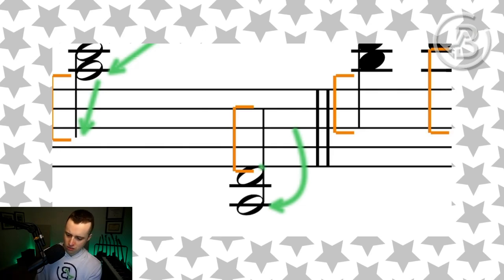Because this note head right here is below one ledger line, or above one ledger line if you're thinking of it that way, because this note head has not passed one ledger line below the staff, we're still going to respect the 1, 2, 3, 4 staff lines long rule for the stem. And then we just extend the stem a little bit more to reach the second note, and then with the ledger lines.